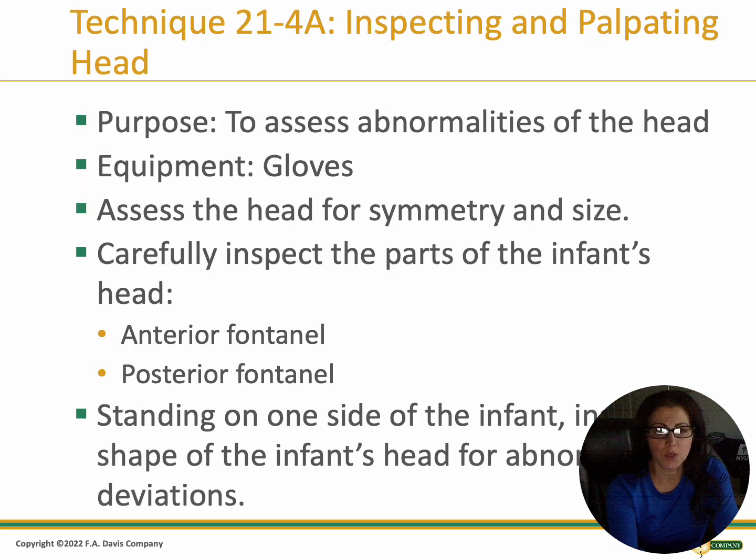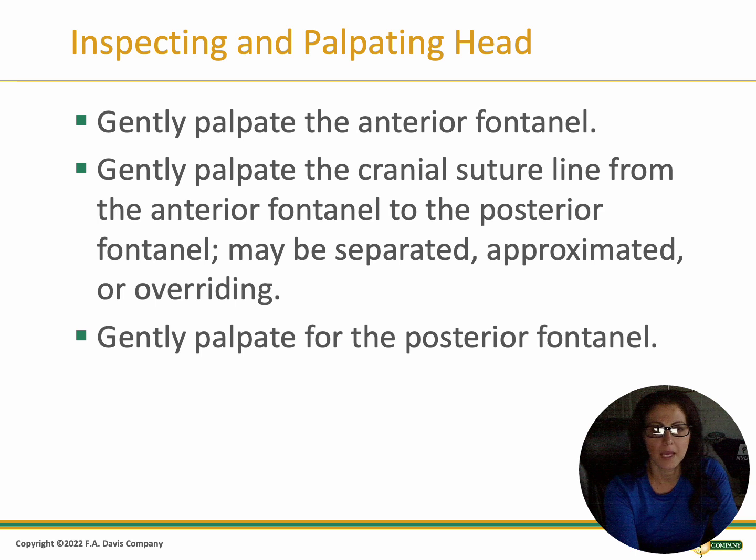So you want to start off with a head to toe, inspect any abnormalities of the head, assess the anterior and posterior fontanelles, and assess the suture lines, making sure that there is a slight separation between the sutures. Again, palpating the fontanelles and palpating the sutures.